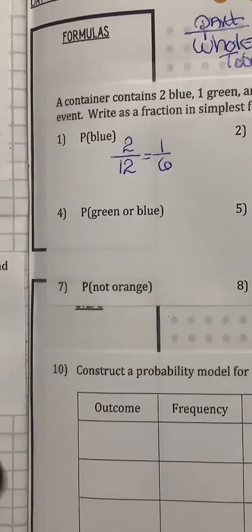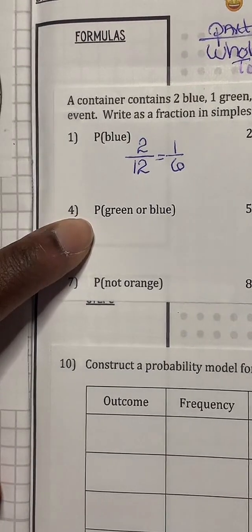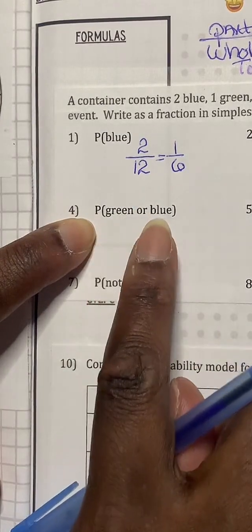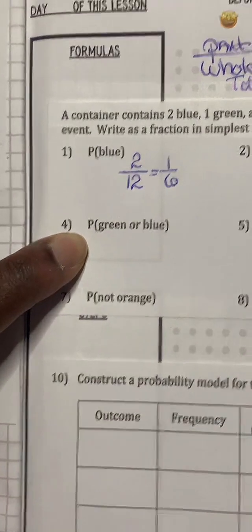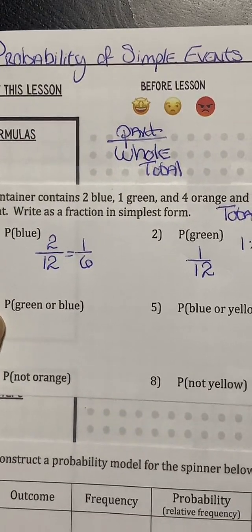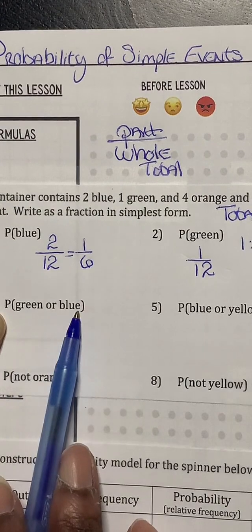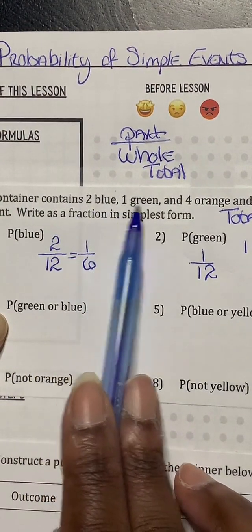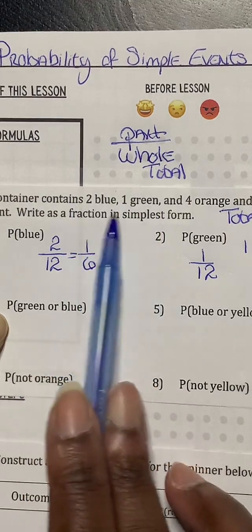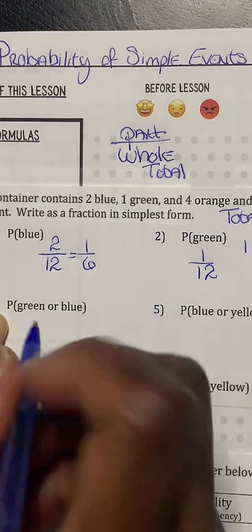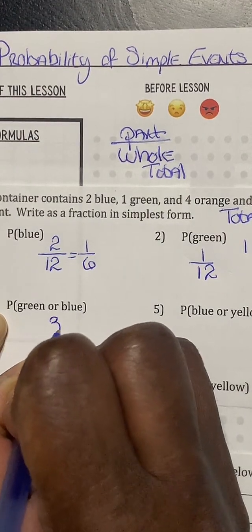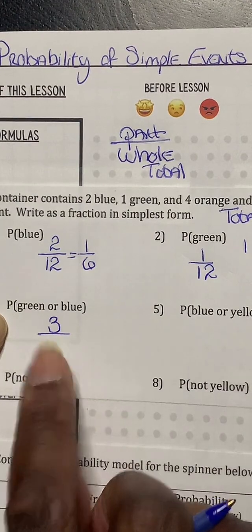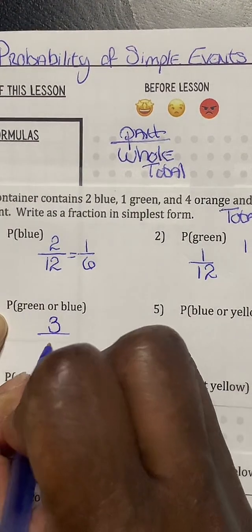Okay, now we're getting a step up here. The probability of getting a green or a blue. We want to know how many total blue and green marbles there are. We have 2 blue and 1 green, so there's a total of 3 of those marbles, over the total number of marbles in the container.